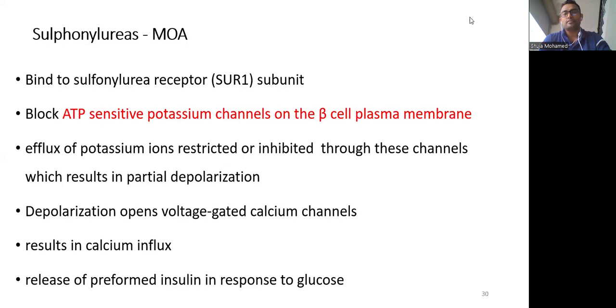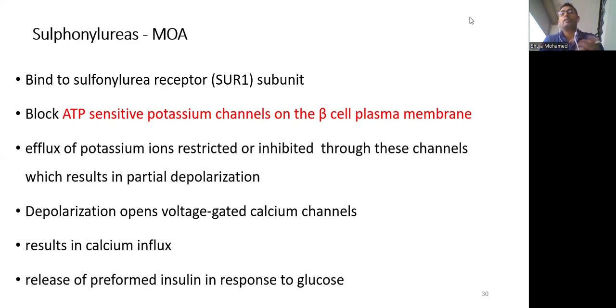Then it blocks the ATP sensitive potassium channel on the beta cell plasma membrane. So when it blocks this, the efflux, or going out of the potassium, is restricted.